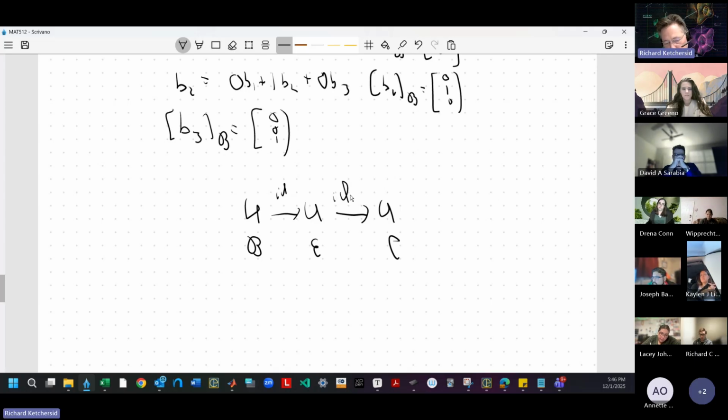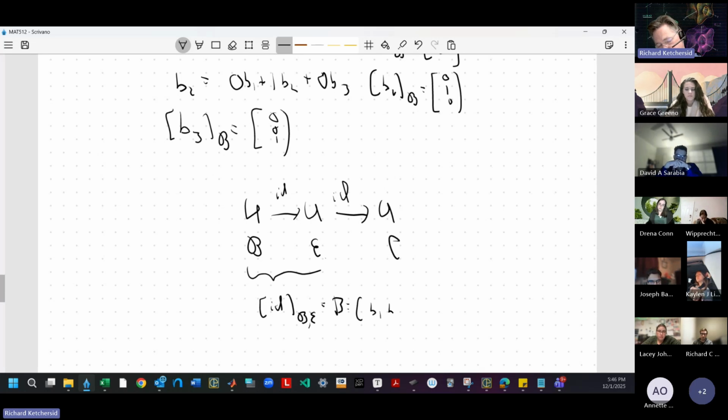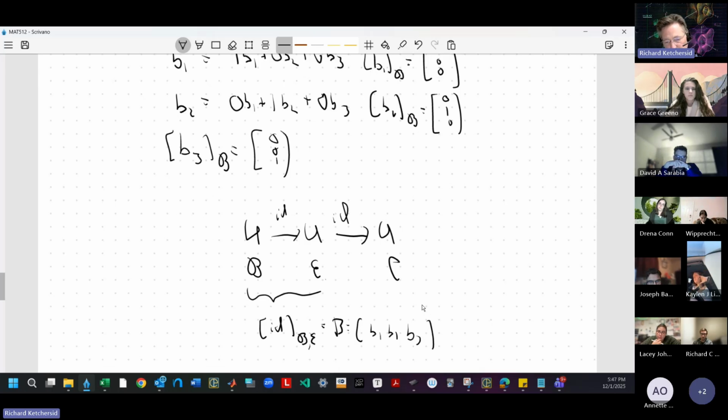Here I'm going from the basis B to E, and that one was easy, or at least we did it above. The identity map going from B to E was what I just called the B. It's just the matrix where you put down the vectors themselves as the columns.